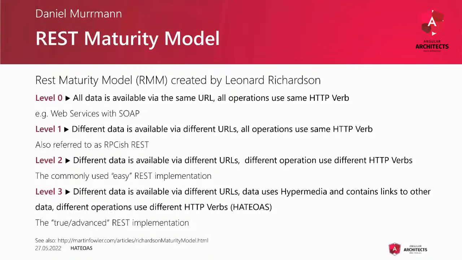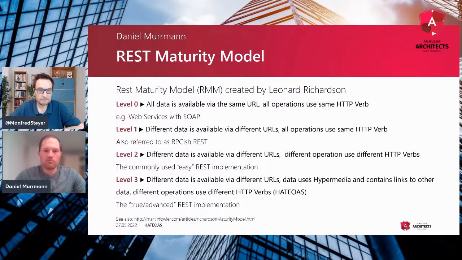And hypermedia means the data has some metadata attached, giving more detailed descriptions about the data, about the payload you're asking for, and of course use the right HTTP verbs. So don't do something like RPC over REST or RPC over HTTP, what some people do.